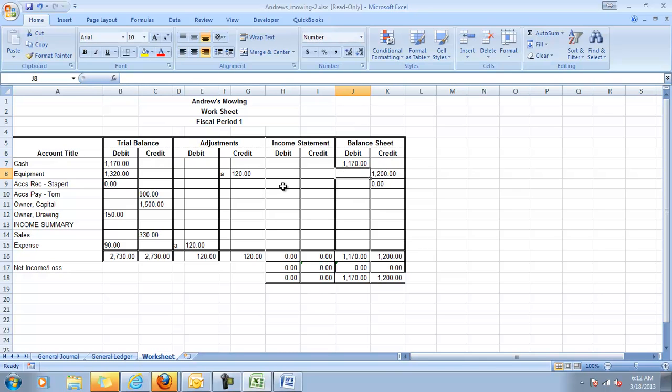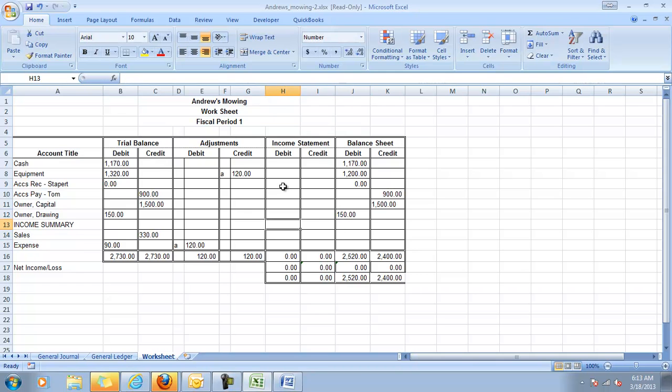Didn't even realize I was doing that because those are still debits. My accounts payable is a credit. No adjustments needed there. Same with my capital, and my drawing is one of those where debit is the normal balance.